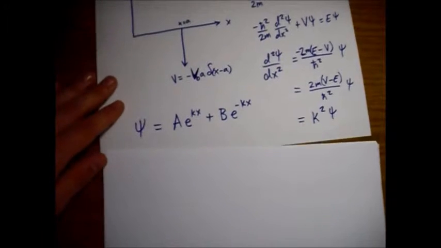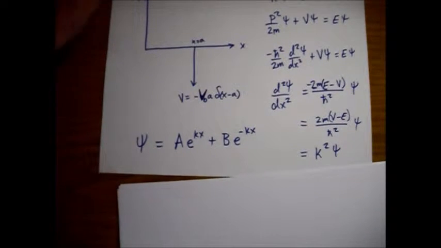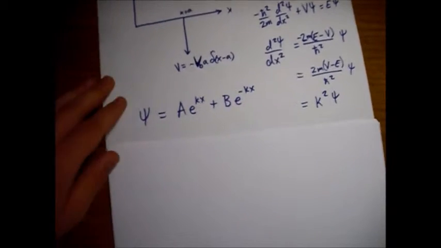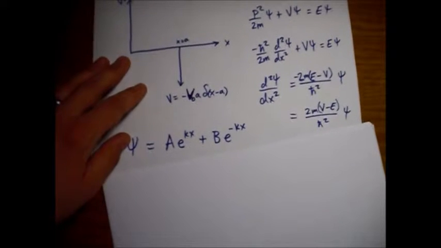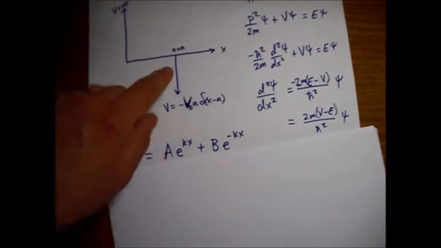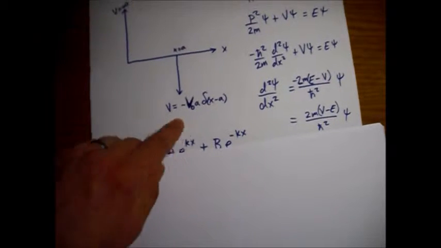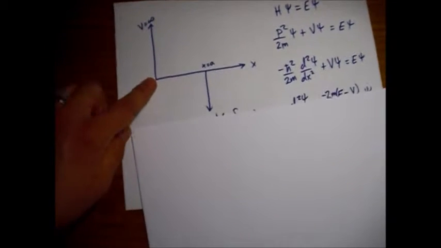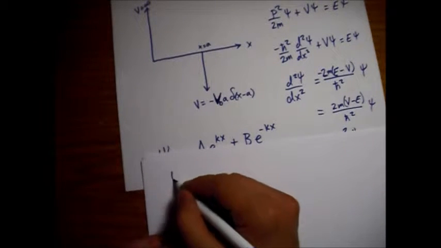So now what we need to do is meet our boundary conditions for this problem. Let's go ahead and work out the boundary condition at the delta potential. We know there's a boundary condition right here where the wave function must go to 0.